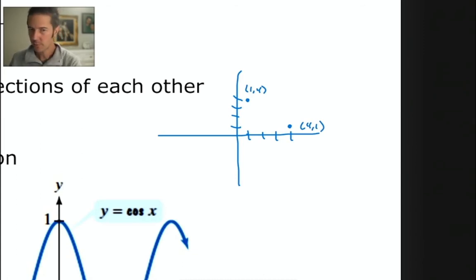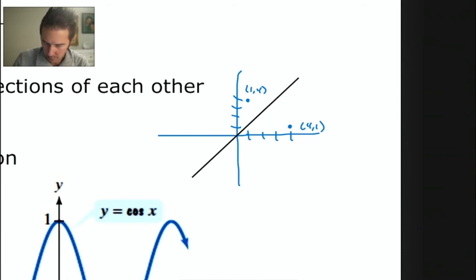So what? And this isn't the most accurate graph I've ever drawn, to be sure. However, what I was hoping to do, but I was a little cavalier in my diagram, is to illustrate that these two points are reflections of each other over the line y equals x.